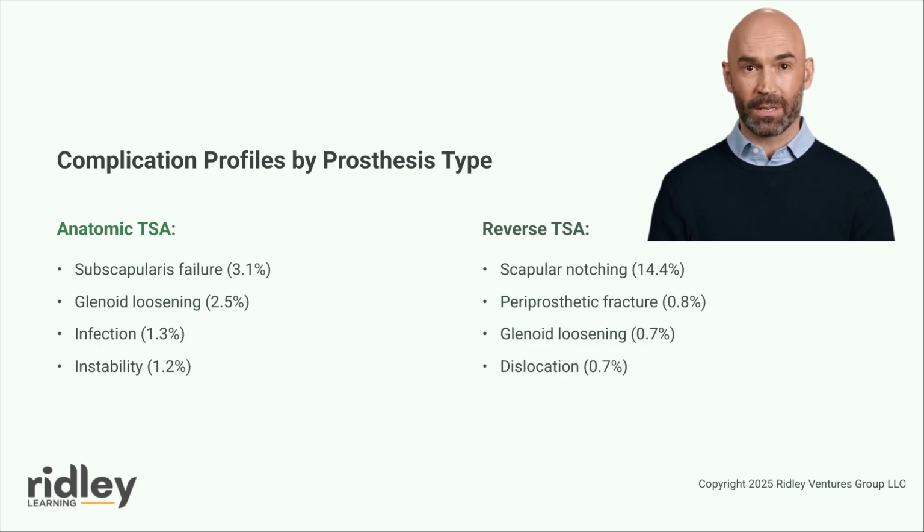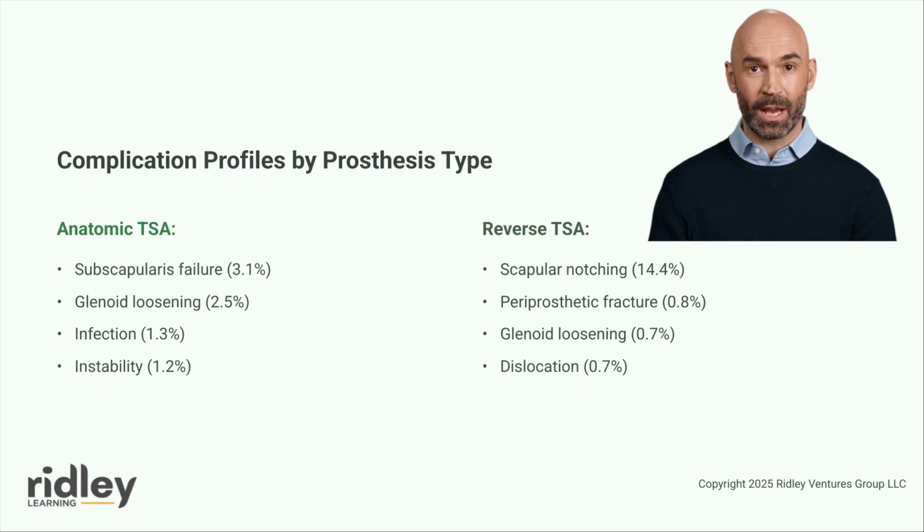These data underscore that soft tissue-related complications, particularly subscapularis insufficiency and secondary rotator cuff dysfunction, represent the predominant failure mechanisms for anatomic arthroplasty, while reverse arthroplasty complications are more often related to implant-bone interface issues or prosthetic instability. Readmission rates provide an additional measure of postoperative morbidity and healthcare utilization.